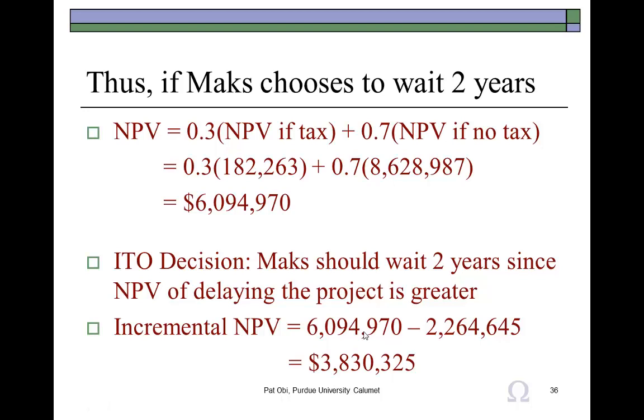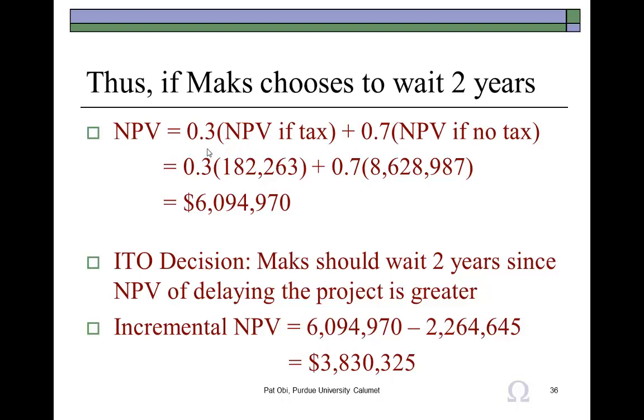The other is, if one of these probabilities leads to the NPV turning out to be negative, then actually this option will cease to exist. So if this NPV with tax imposed were to be negative, that means if you waited 2 years and tax is imposed, you will definitely not even get on board as far as this project is concerned, since it'll result in a loss in value.